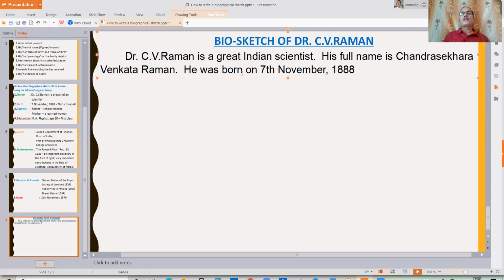Of course, you can write in 1888, otherwise if you don't want to mention that, before that year you can put a comma. Where was he born? In Tiruchirappalli, in Tamil Nadu. So this is the information given about his date of birth and place of birth.